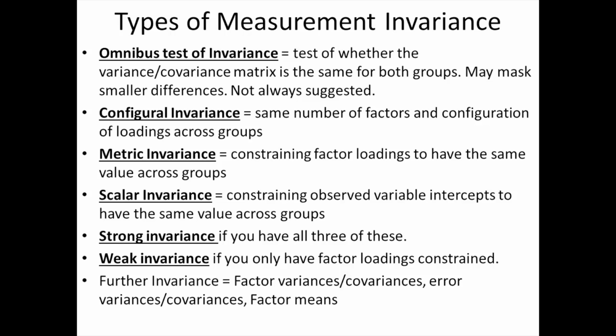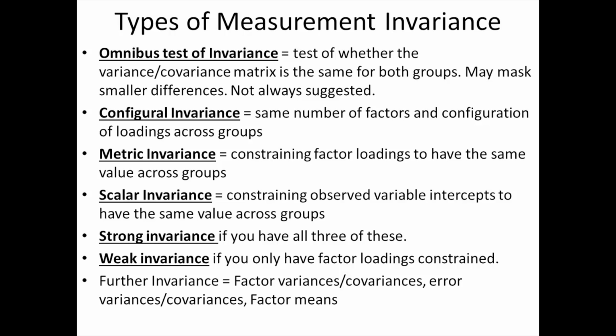Okay, so the first one that usually we do is we test something called configural invariance, where we're checking to see if the same items load for both of our groups in, say, a confirmatory factor analysis framework.